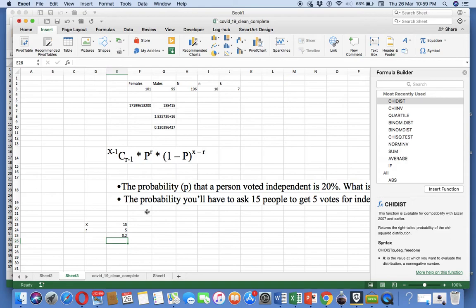Now we can calculate it in 3 parts. First I'll do the first part, which is the combination of x minus 1 choose r minus 1. In Excel: equals COMBIN, open a bracket, x minus 1, comma, r minus 1, close the bracket.